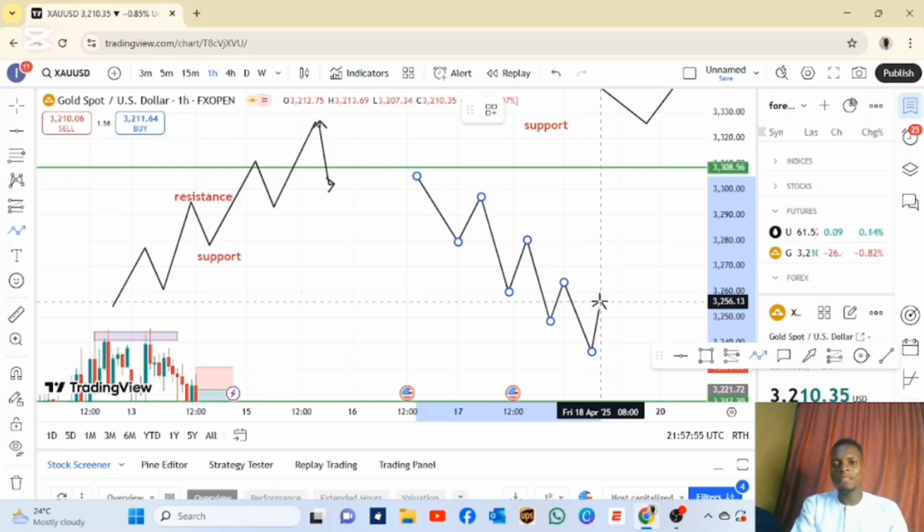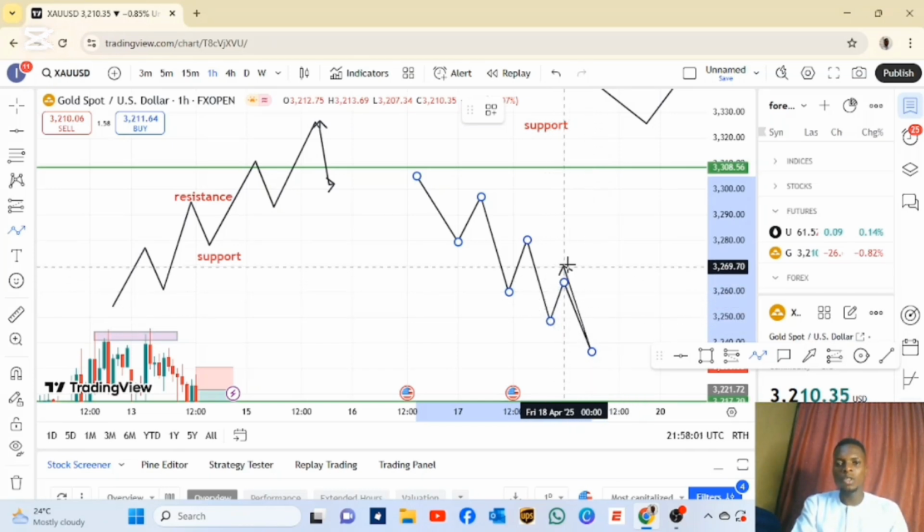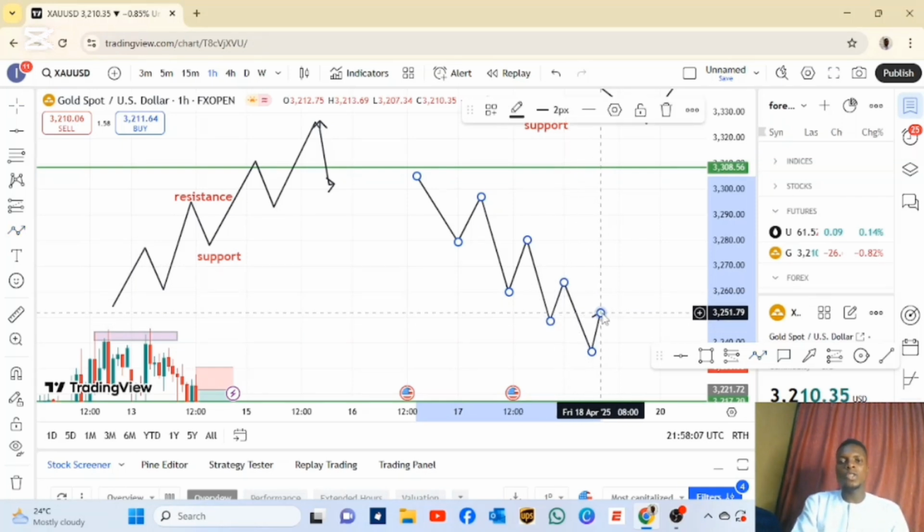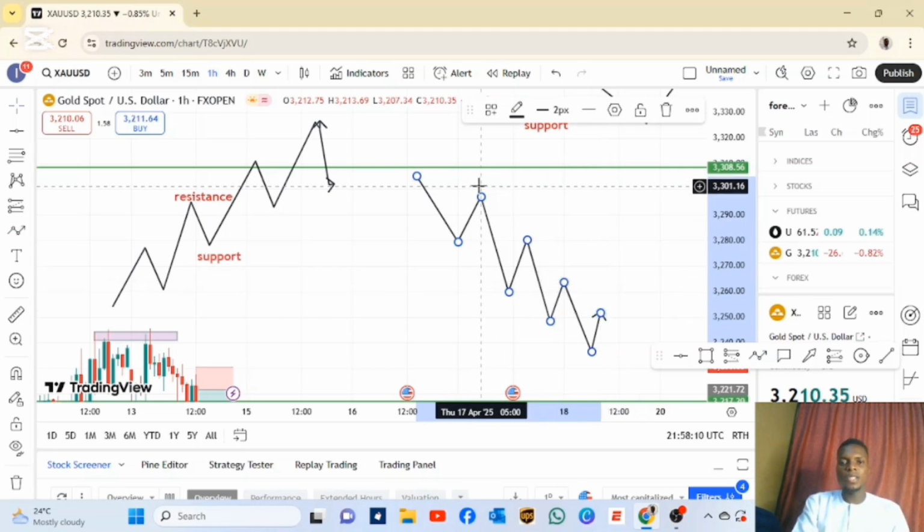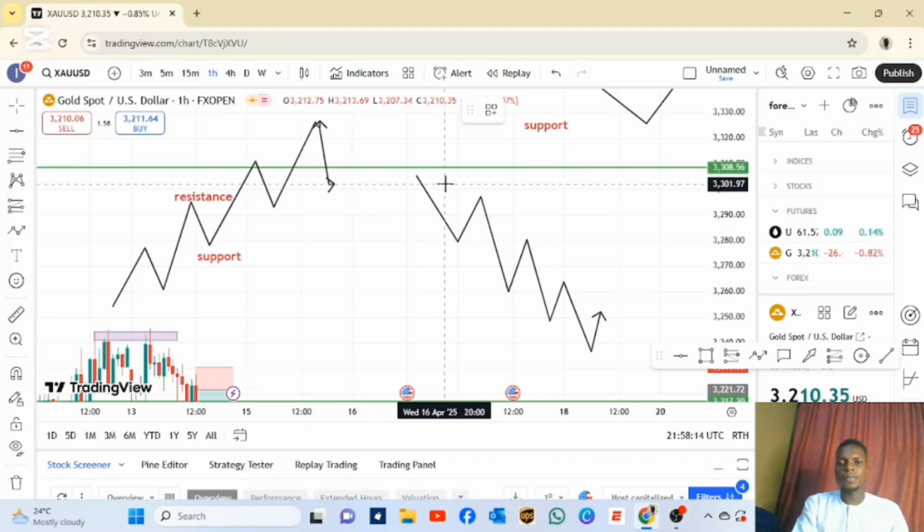Again, let me emphasize this. It is impossible to have a bearish market or a downtrending market without making lower lows and lower highs respectively. Right? So these are support, resistance.